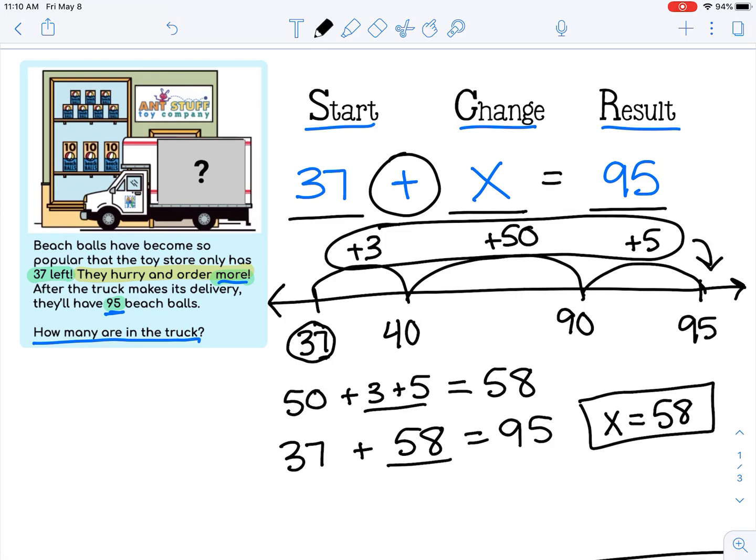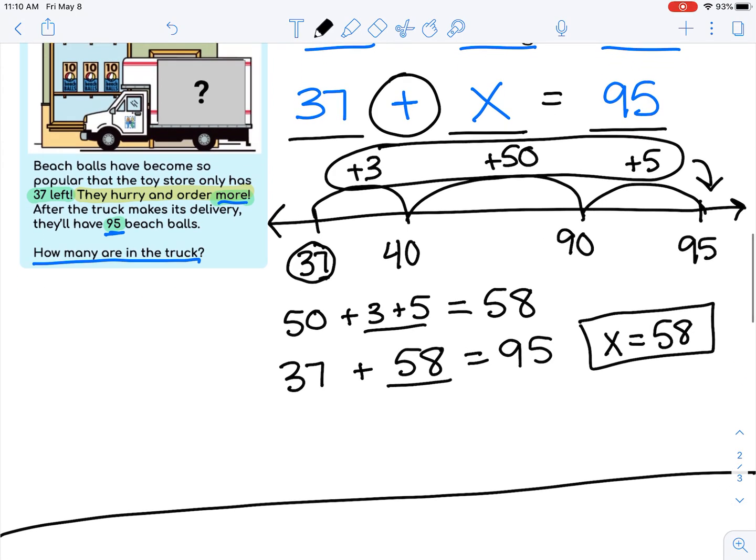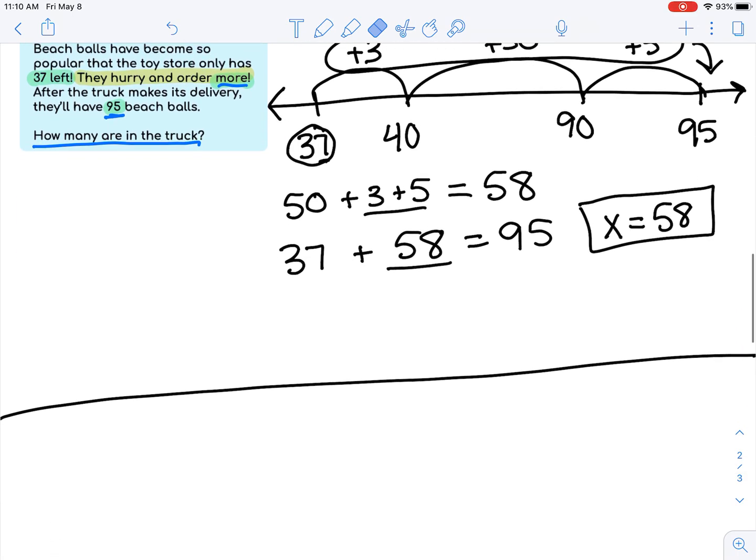So that's one way to do it. Another way to do it is to figure out the difference between 95 and 37 by subtracting. So if this is how your brain worked, this is totally fine too. So again, I'm going to rewrite 37 plus x equals 95.